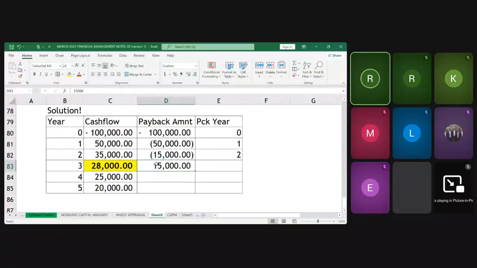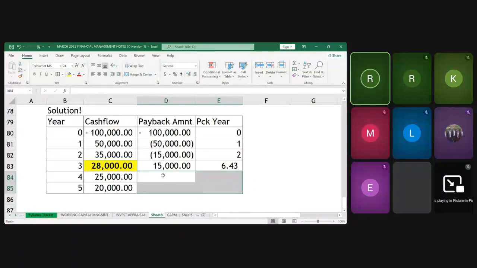We want to see what proportion 15,000 is of 28,000. So it equals 15,000 divided by 28,000, times 12 months. I want to see how many months there are. So we have 2 complete years and 6.43 months.